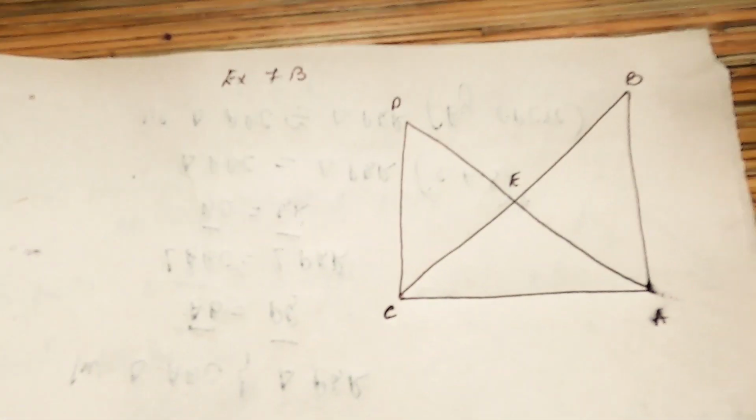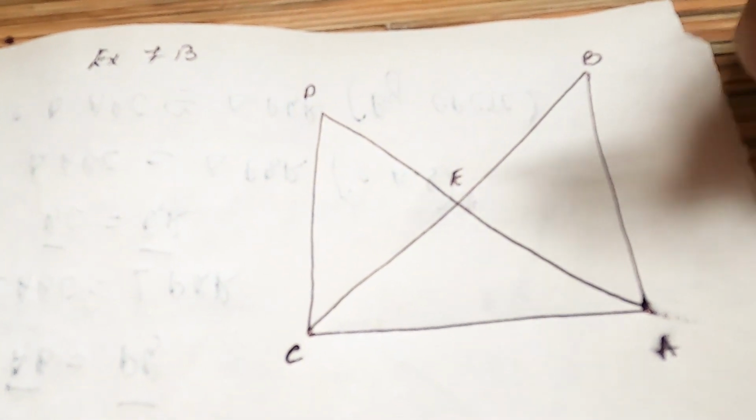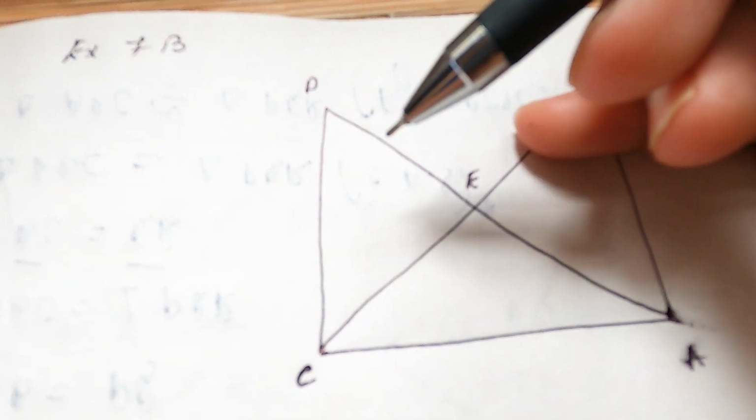Alright, so next what we will do is we will start with question number 6. Alright, so in the figure, AB is equal to CD and AD is equal to BC. Prove that triangle ADC is equal to triangle CBA. Alright, so let us prove that the two triangles are equal.